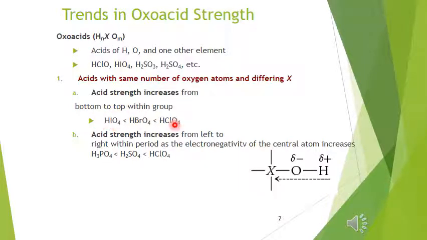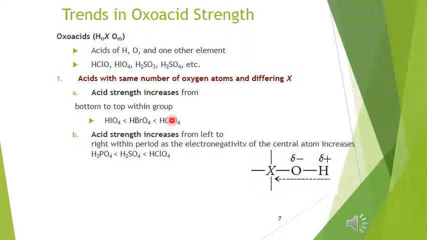So we have these three guys here, and what's common between them is they're all acids, the H, and they all have 4 oxygens. The difference is what is the other center atom attached to it. Okay, so the chlorine here has the highest electronegativity, and so what it's going to do is hang on to the electrons better.